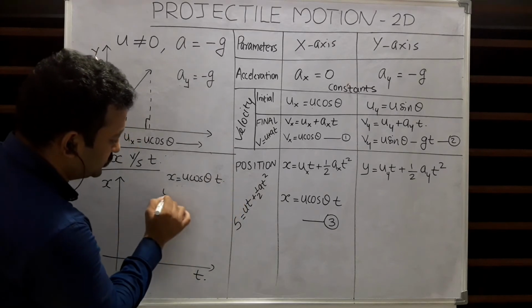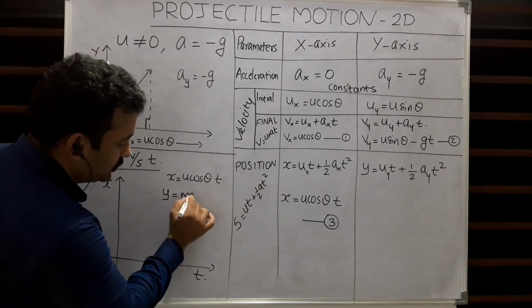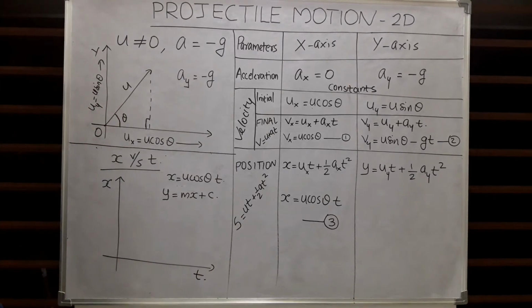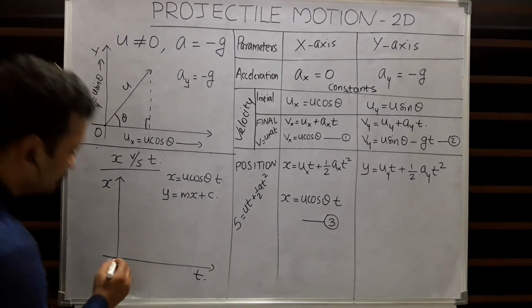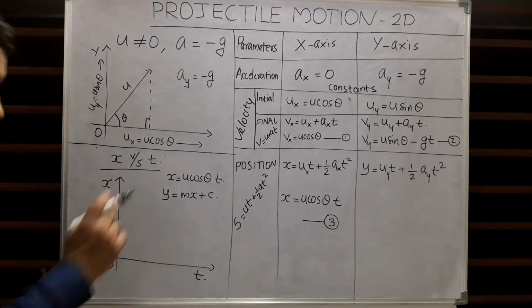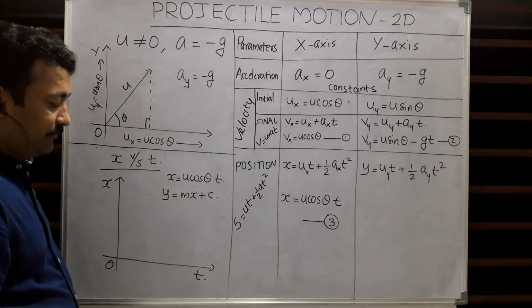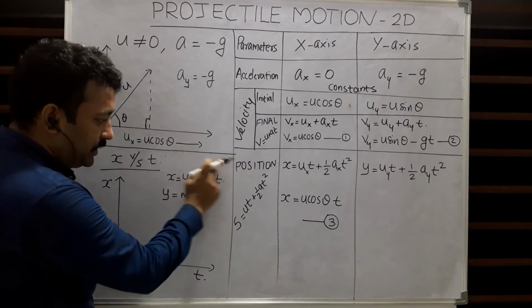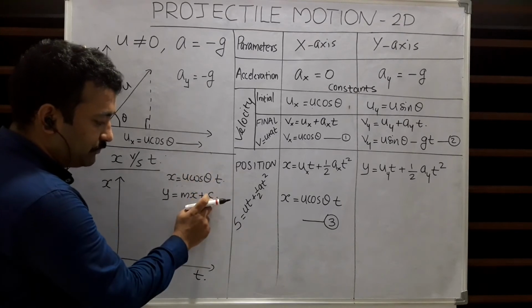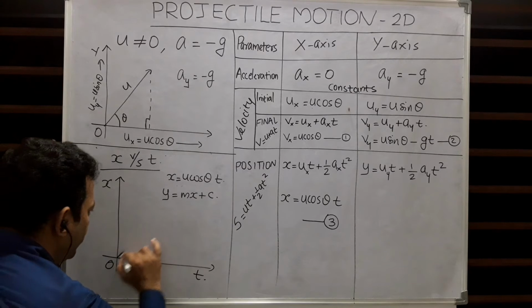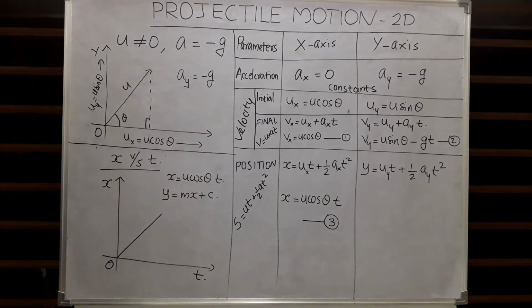This is similar to y is equal to mx plus c. Initially, if the particle was at the origin, what happens for the x component? It is continuously increasing, we can say. As t increases, u cos theta t increases. C is the y-intercept, that is 0. So the shape of the graph will be like this. x versus t is like this.